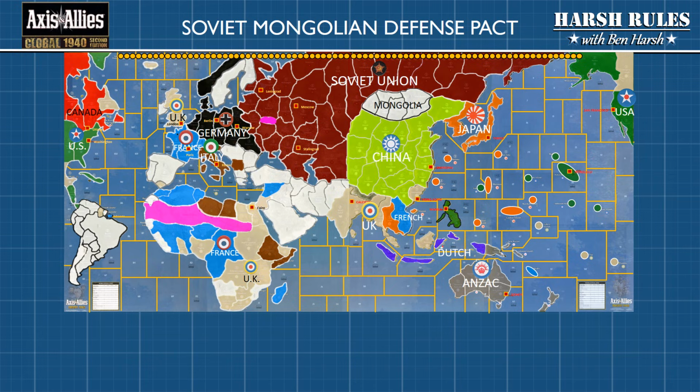Also, if Japan attacks any Soviet-controlled territory that is adjacent to any Mongolian territory, all Mongolian territories that are still strict neutral or pro-Allies, or have joined the Allies as a result of a failed Japanese attack, will be placed under the control of the Soviet Union at the end of Japan's conduct combat phase.